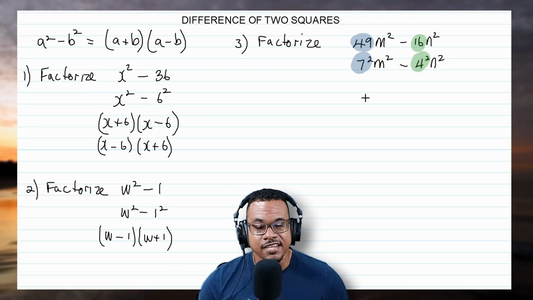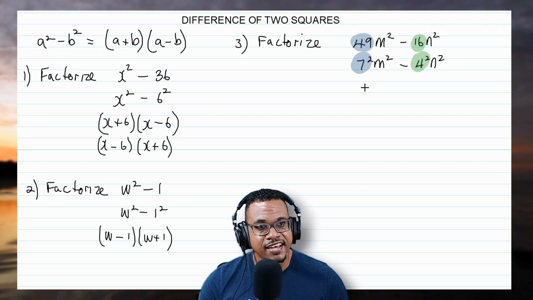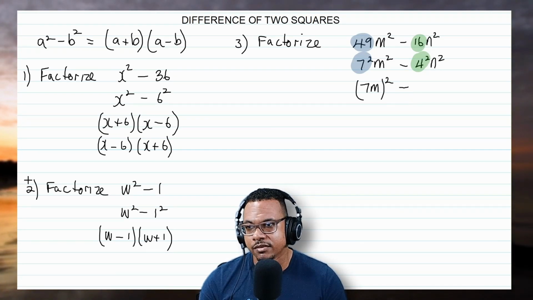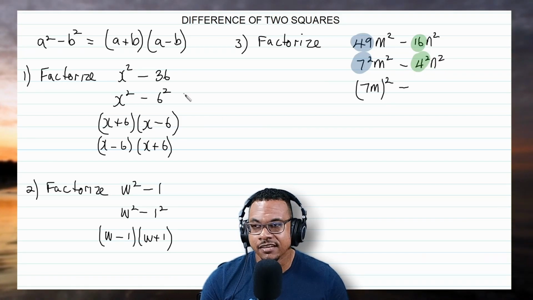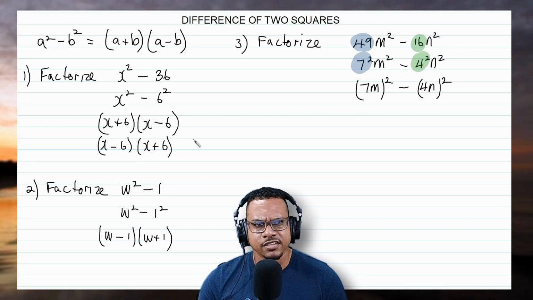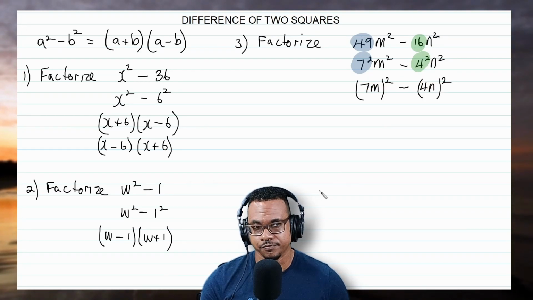Now, as I said, here we have the square on both the 7 and the m, so I can write that as 7m in brackets squared. And have the square both on the 4 and the n, so I can write that as 4n in brackets squared. So now this means that the square is both on the m and the 7. Same thing here, the square is both on the n and the 4.